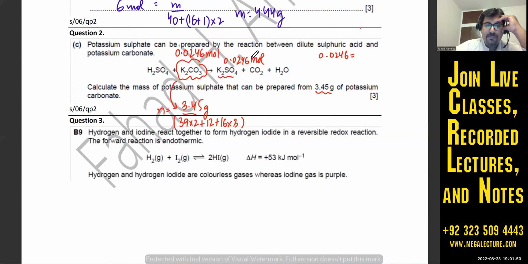Okay, 0.0246 moles, right? Mass divided by molar mass. So you have to figure out the mass. The molar mass of potassium sulfate is K is 39 times 2, and sulfur, that's 32 in the periodic table, and there are 4 oxygens, so that's 16 times 4. So moles we know, so you can find out moles equal to mass divided by molar mass, so the mass will come out.